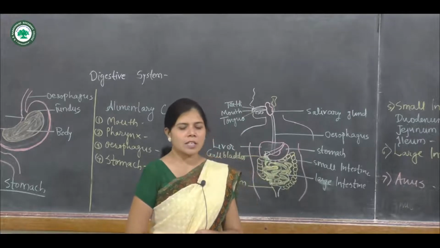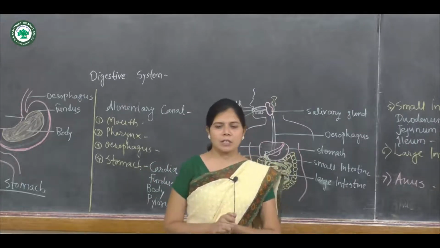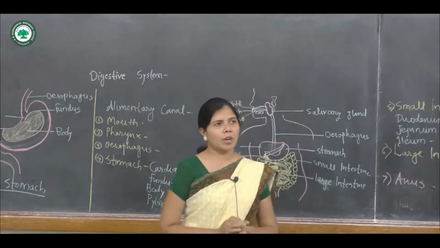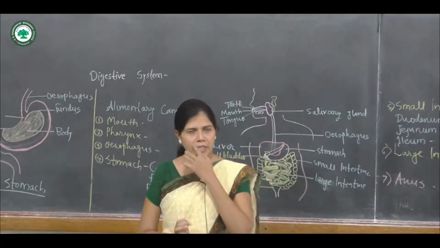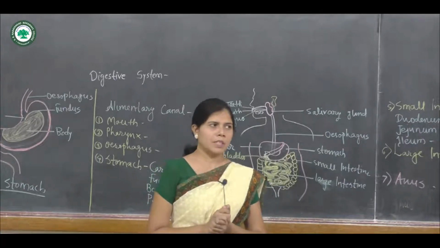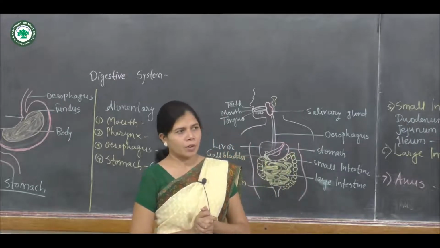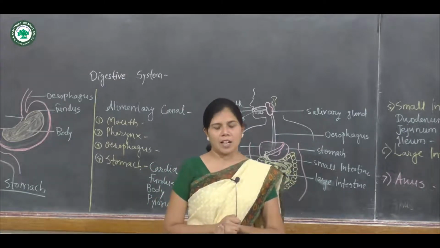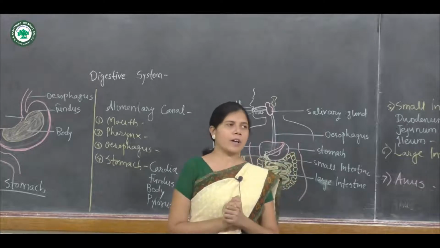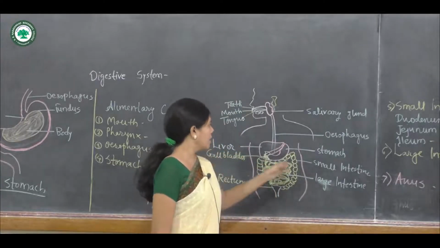The esophagus is made up of longitudinal muscles as well as circular muscles. The rhythmic muscle movement of contraction and relaxation is known as peristalsis.